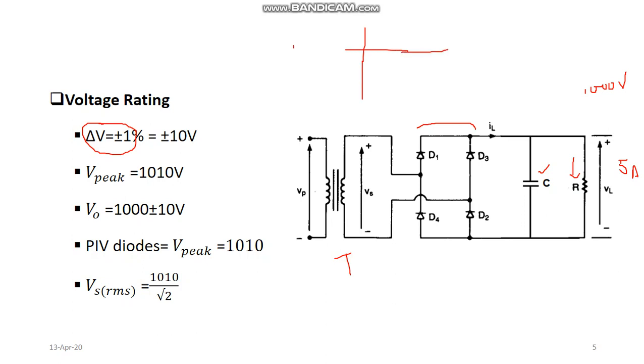If this is 1000 and this is 1010 and this is 990, so my output will be somewhere between these two boundary conditions.